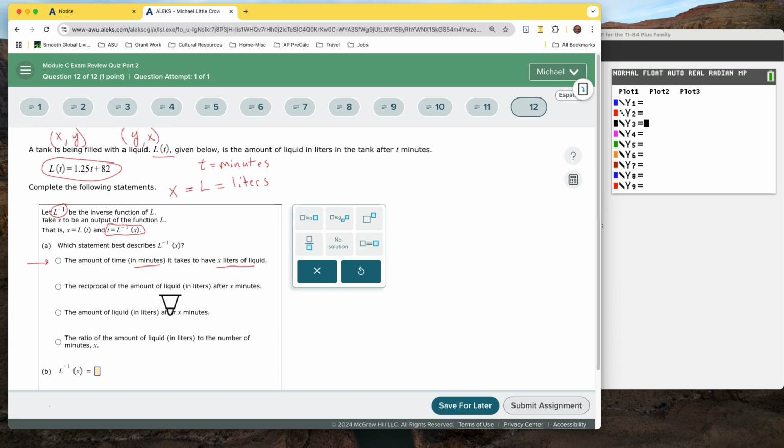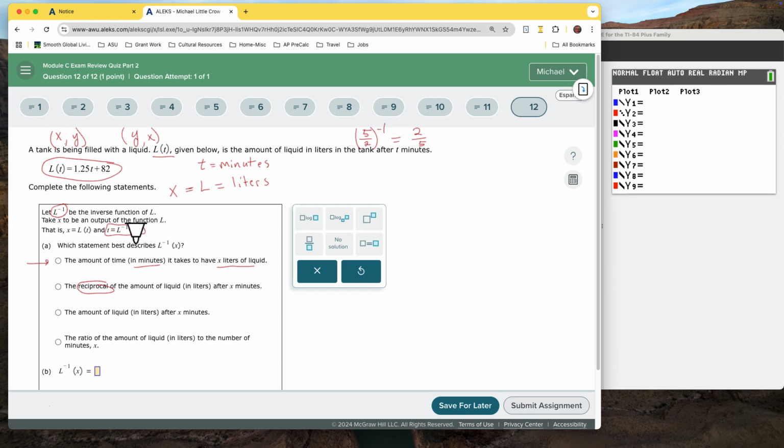The reciprocal of the amount of liquid in meters. Now this is a word that's meant to throw you off track. Reciprocal comes from the use of this -1 as an exponent. Because if I had 5 halves, or some number to the -1, this exponent is a reciprocal, and so I do get the reciprocal.